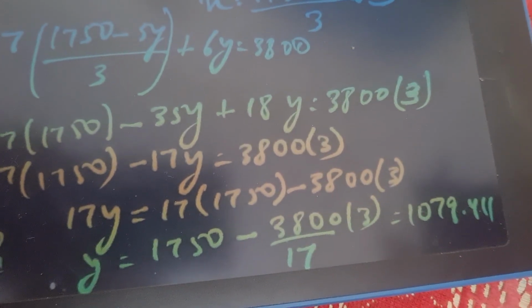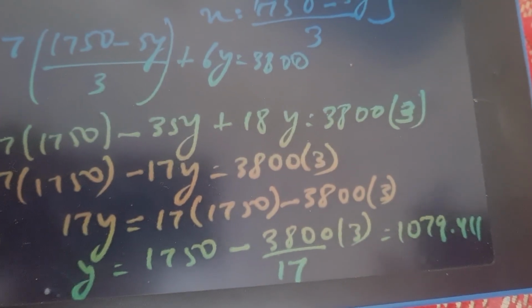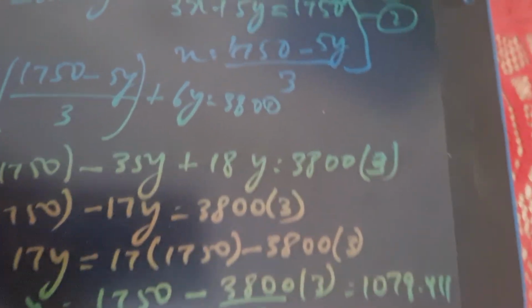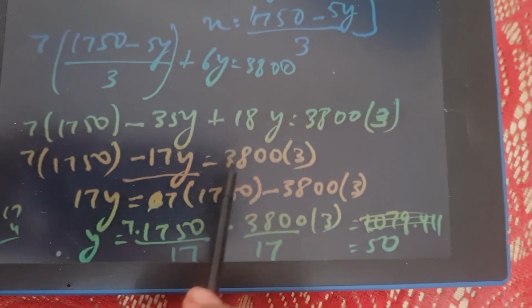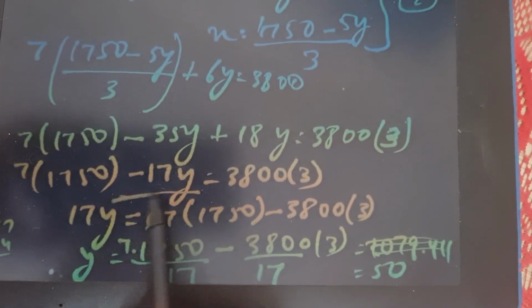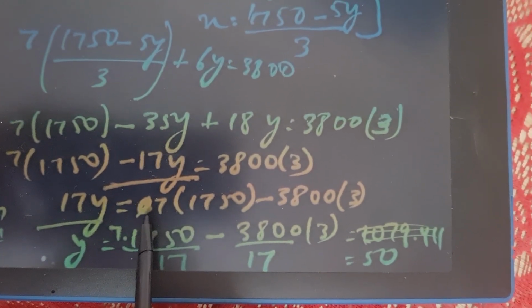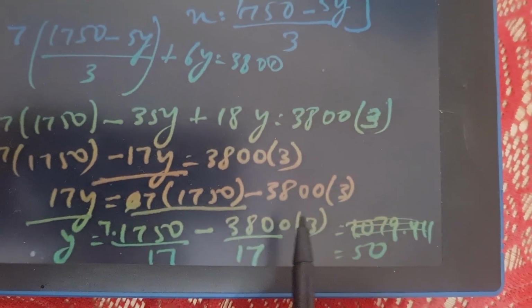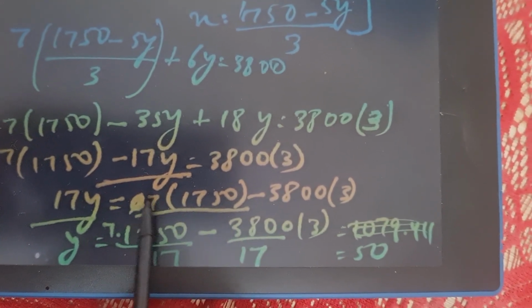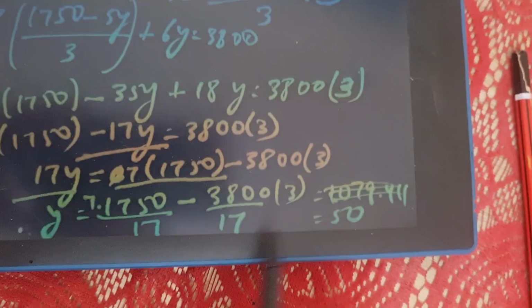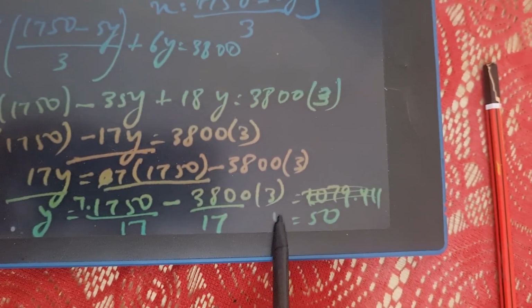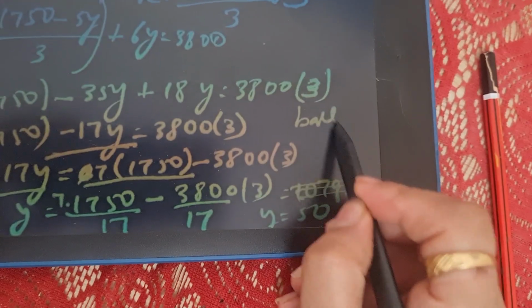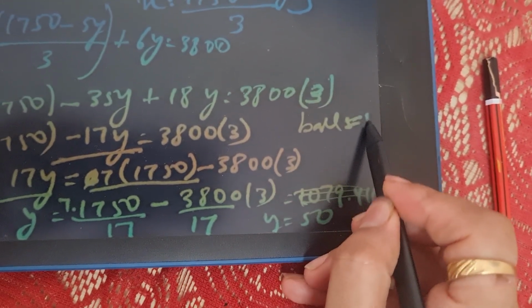Value of y is actually the number of balls. Here the answer is 50. Because I have done one correction here, 17y is 7 into 1750. So I had written 7, and if I continue the calculation, I will get y is equal to 50, that is, the number of balls is equal to 50.